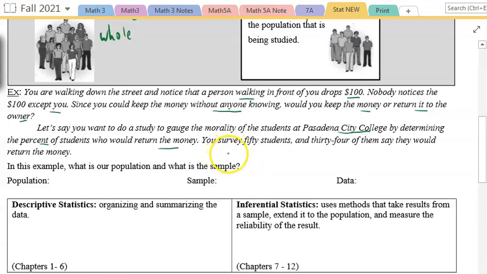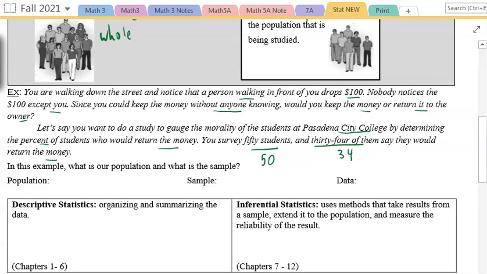So that's the actual study. You survey 50 students, so that's very important to know. The total number of students, which is a sample, is 50 students, and 34 of them say they would return the money.